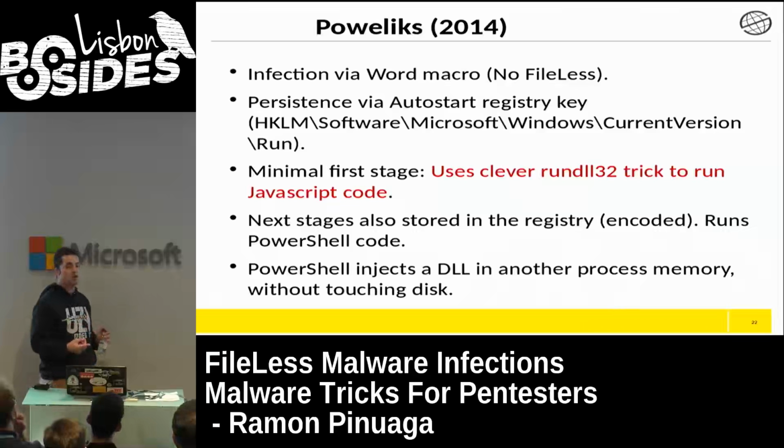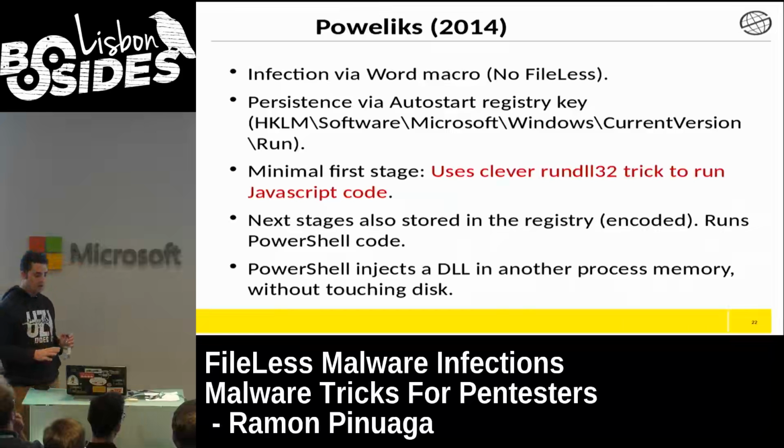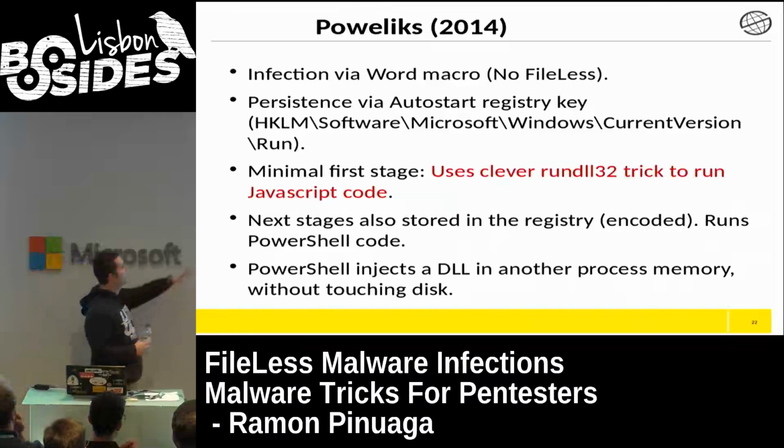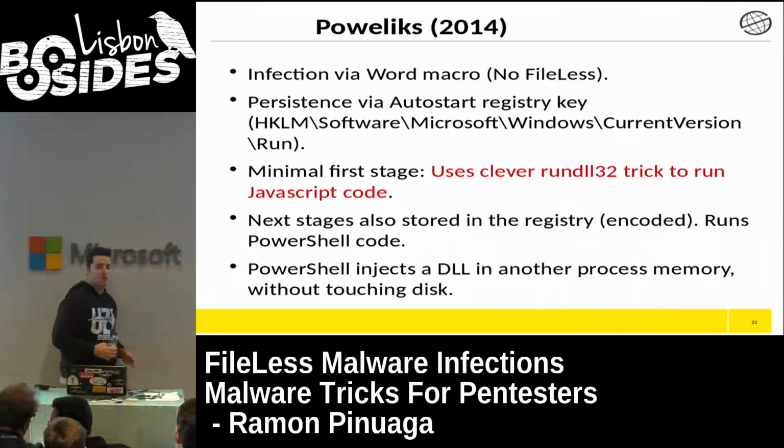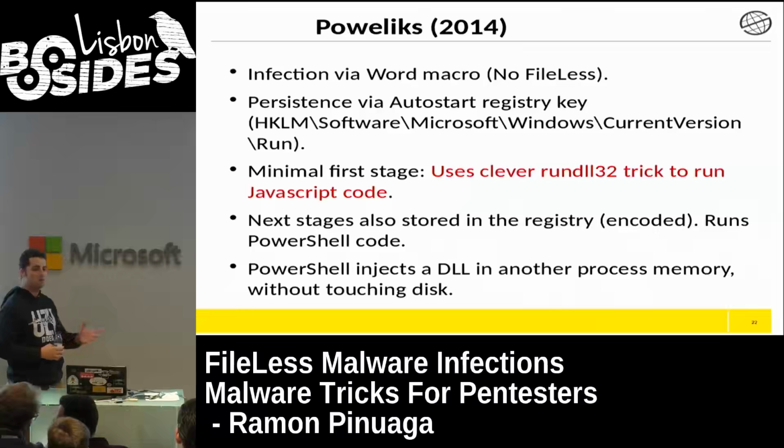The infection was carried out using a file, but after that the malware becomes fully fileless. The first stage is a run key. It's a bit noisy, easy to detect, but most antivirus doesn't detect these entries.